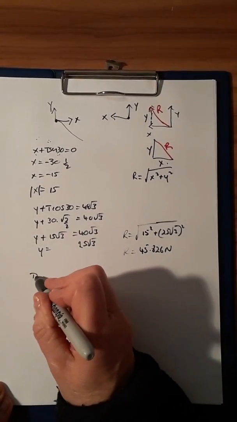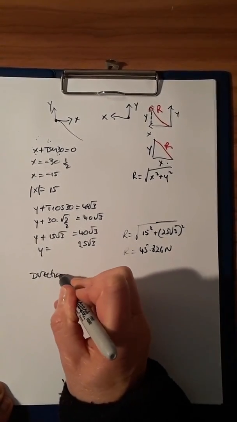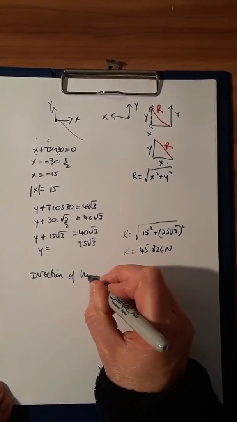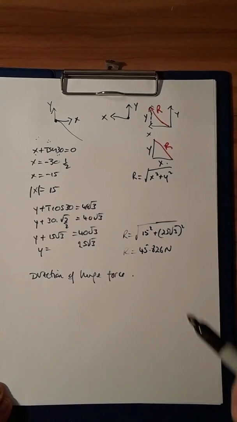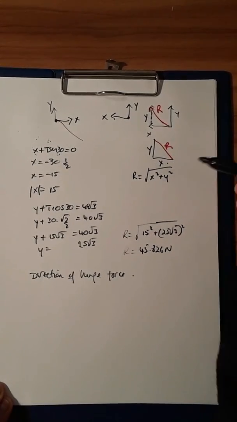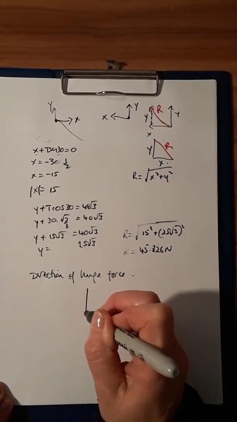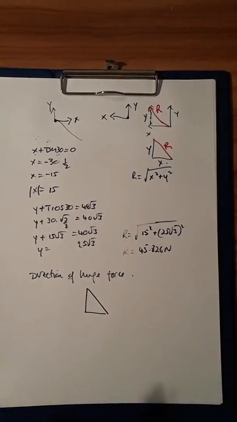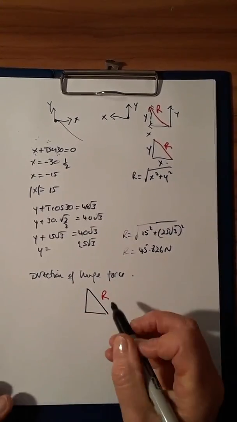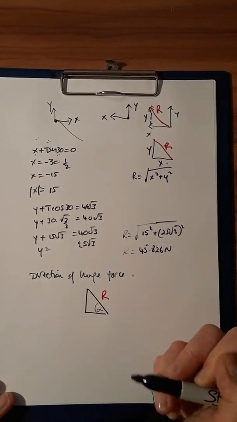Now the last part that I'm going to do, which isn't in the question, but we often do have to do it, is to find the direction of the hinge force. Okay, so here's my resultant. So let's get a direction for it. I'm going to nominate an angle here called alpha.